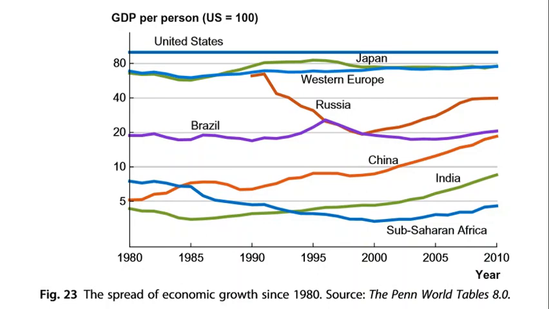Russia went from being with Western Europe in the early 90s to much further down. Right, they went from the mid 70s down to 20. This is that log scale again, and they have crept back to 40. But that's still half of what it was in 1990.